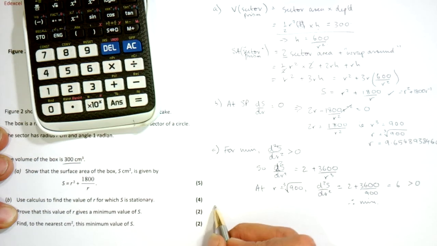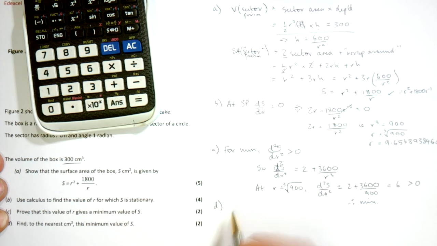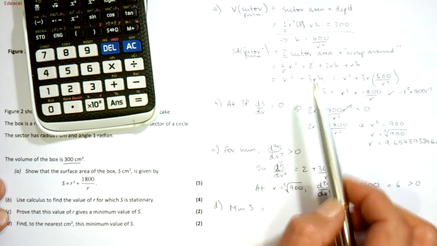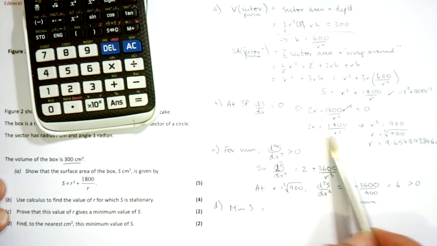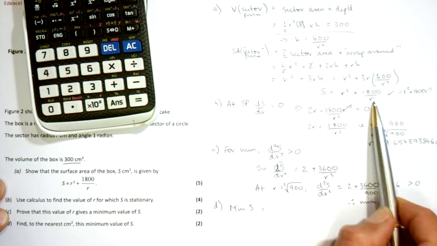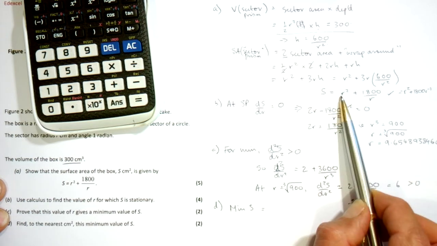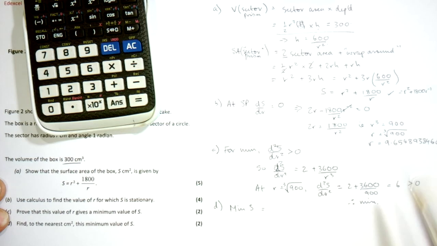And part D. Find the minimum value of s to the nearest centimetre squared. So this is our surface area formula, this one here, and it's a min when r is the cube root of 900, as we found there.